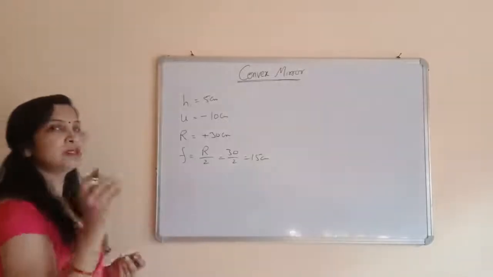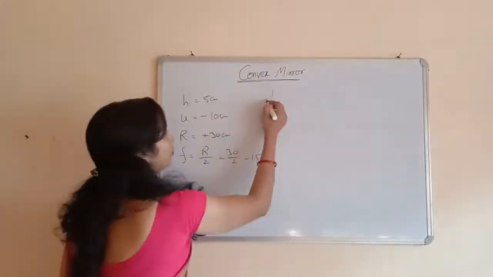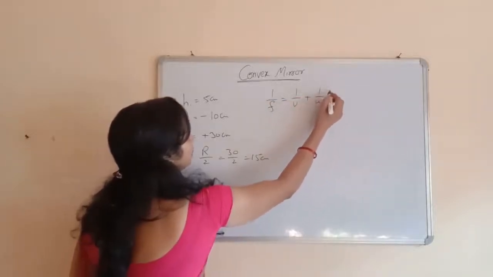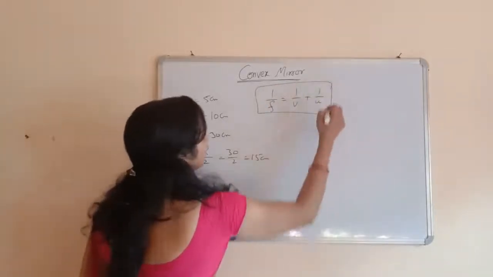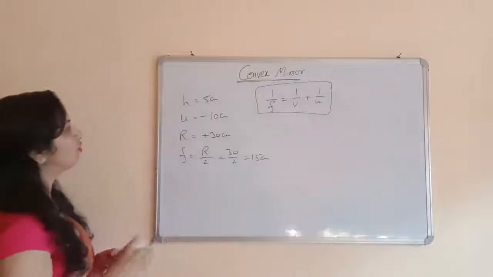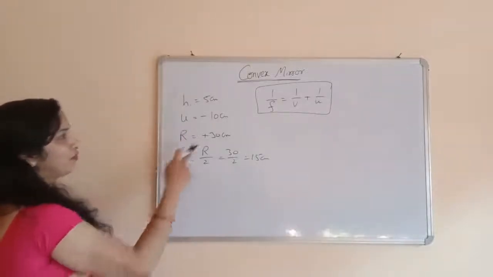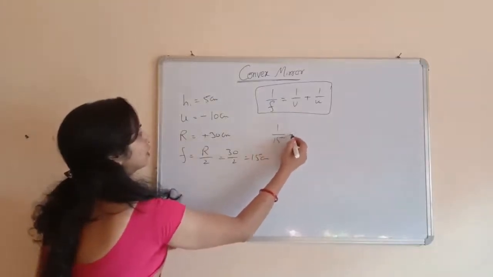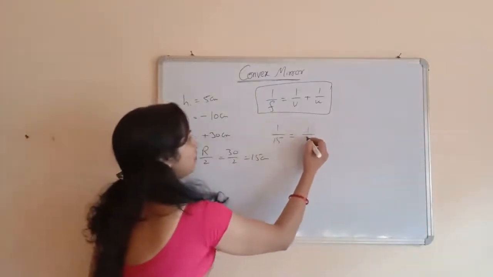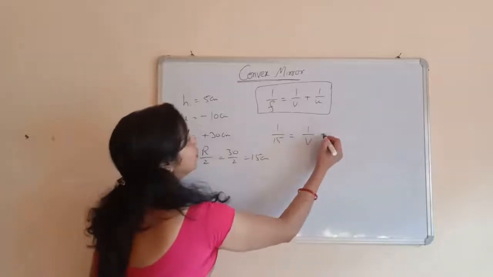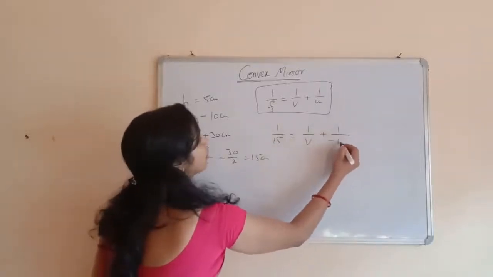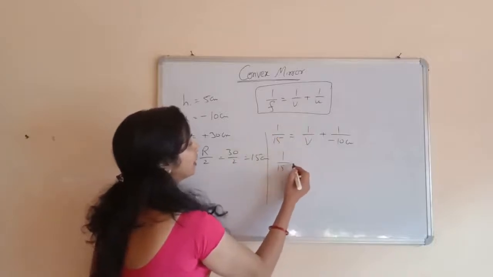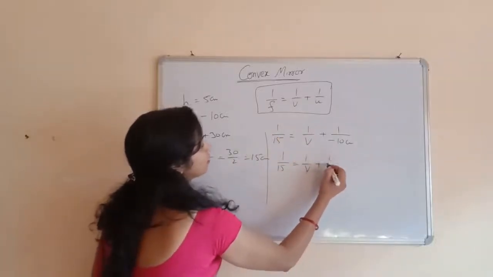So we will use the mirror formula, which is the formula for all the mirrors: 1/f is equal to 1/v plus 1/u. And we put the values with the sign for finding any value. Here we have to find the v. So 1/f, it means 1/15, is equal to 1/v plus 1/u, and u is minus 10 cm. Now we can solve it like we do numericals of maths.